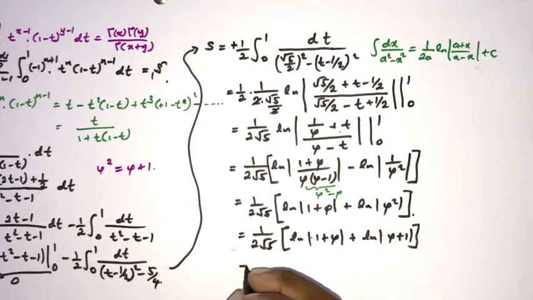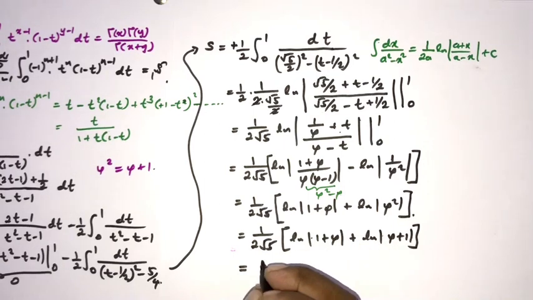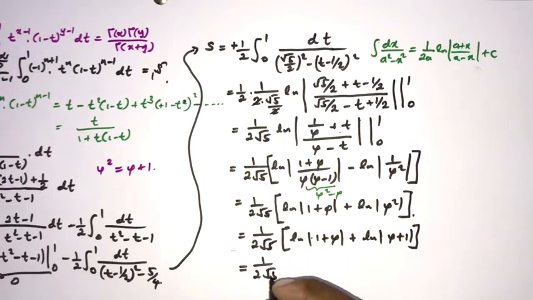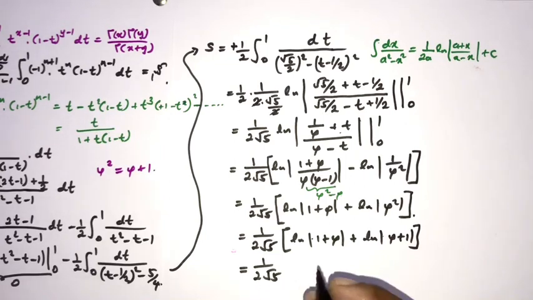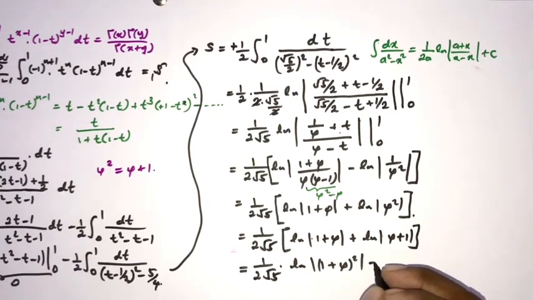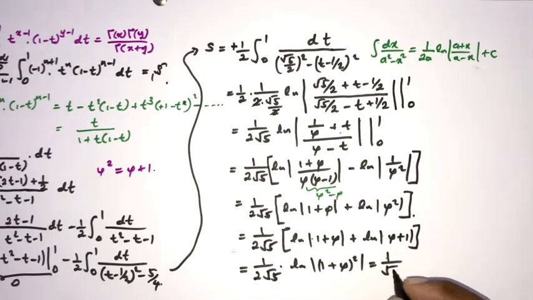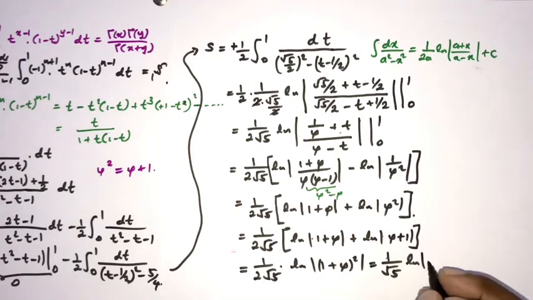Now according to the property of natural log, we can take multiplication, so here 1 over 2 times square root of 5, natural log of (1 plus phi) perfect square. Okay, now this 2 and this 2 get cancelled, so we have 1 over square root of 5 natural log of 1 plus golden ratio.